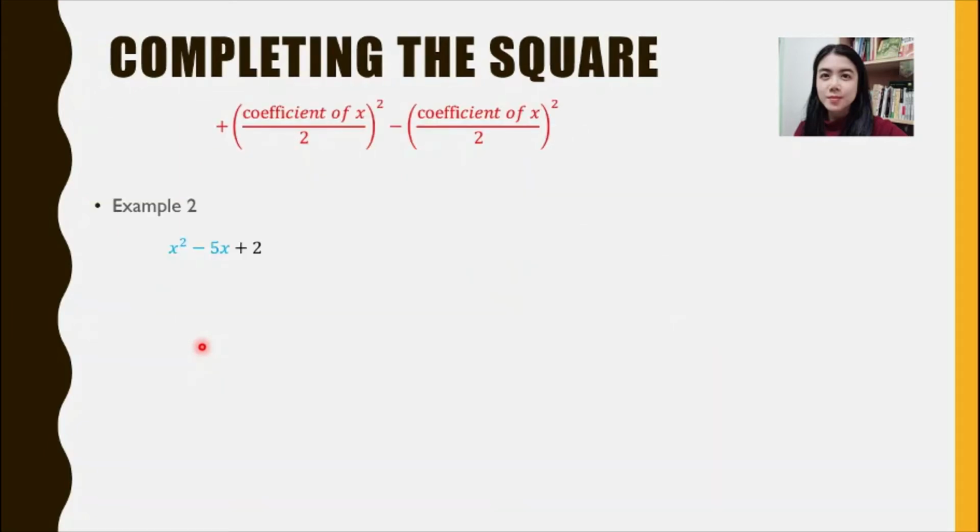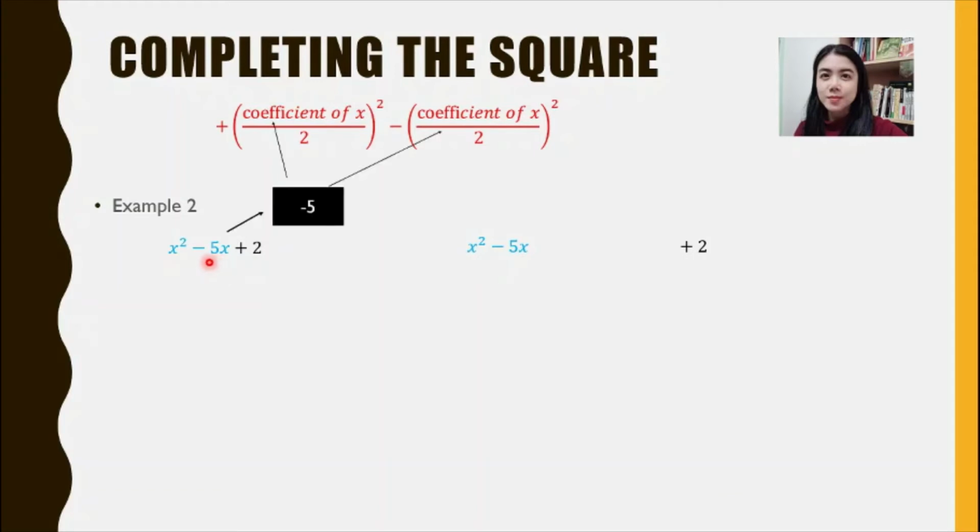Let's go to the second example. We'll use this small technique again in order to do the completing the square. Same thing: I'm going to separate the equation, one for the x side and another one for the constant side. Let's look at the coefficient of x. You identify the coefficient of x from this equation.